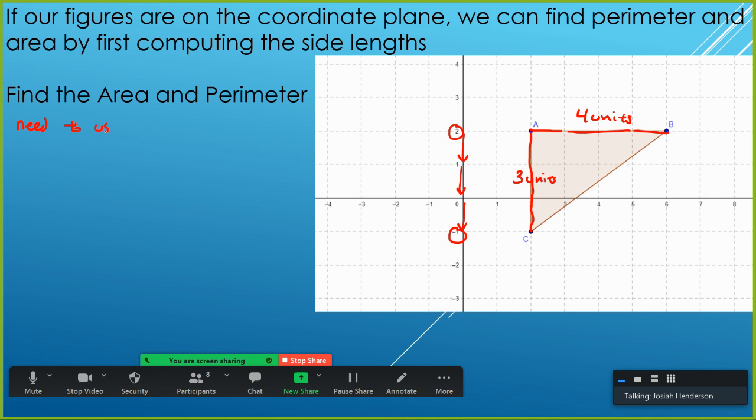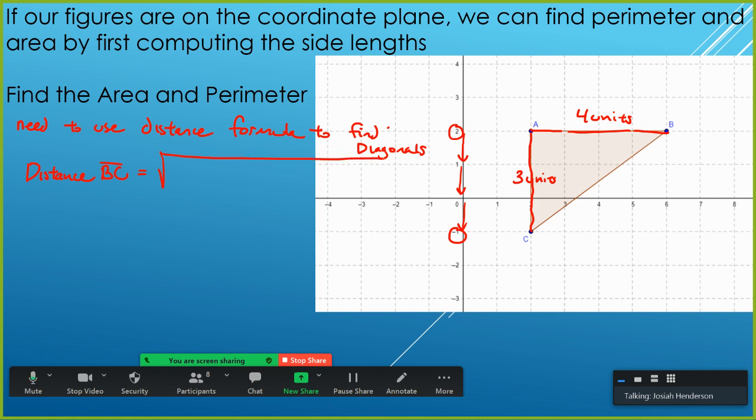We need to use the distance formula to find diagonals. So if you've got a diagonal on one of these types of questions, we'll have to use the distance formula for that. So let's do that for BC.